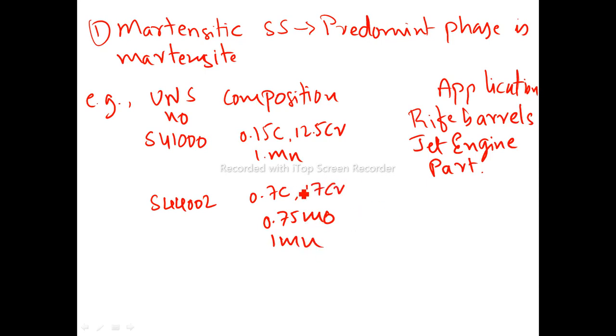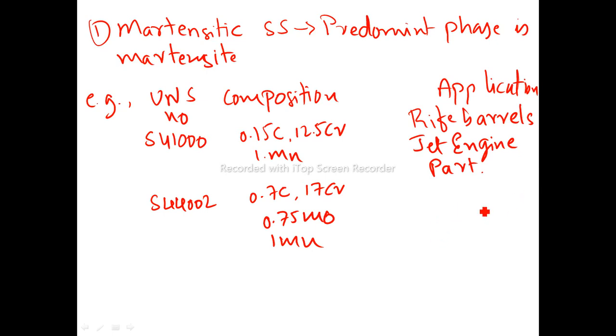The chromium has been increased from 12.5% to 17%, and the carbon is also increased, and we were adding one more important element called molybdenum. Due to this, its hardness is more than the previous one. As we know, the addition of carbon enhances the properties as well as the hardness of the material.